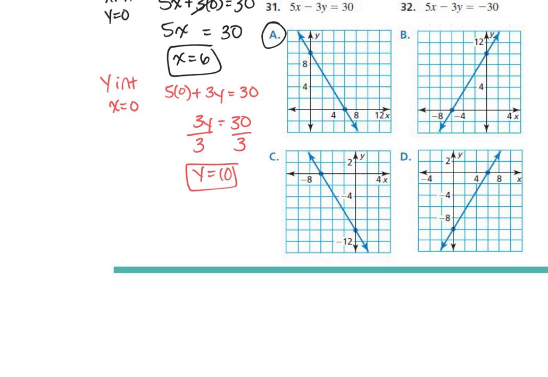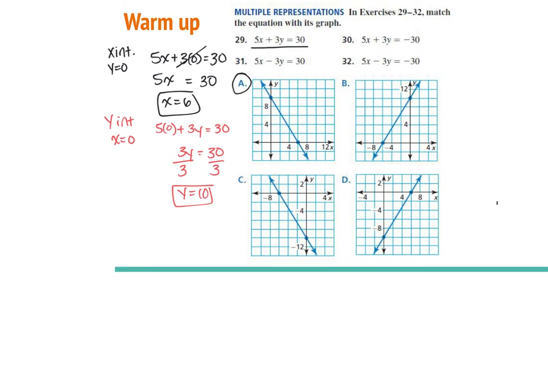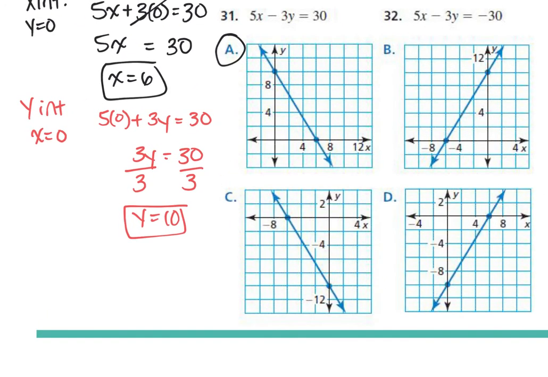Now, we just found where our graph crosses the x-axis and where our graph crosses the y-axis, okay? There's only one graph that crosses the x-axis at 6 and the y-axis at 10, and that graph is A. Notice this point is 0, 10, and this point is 6, 0.